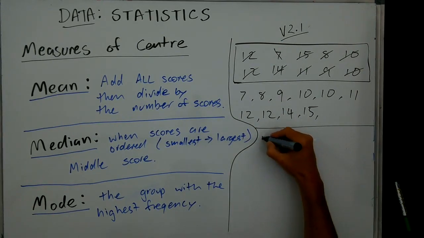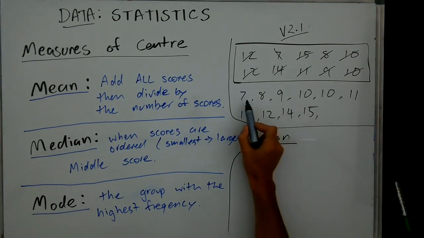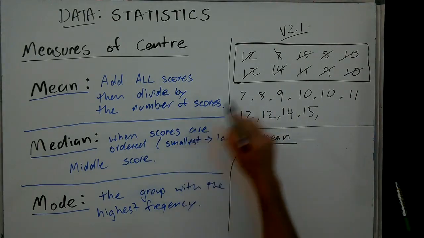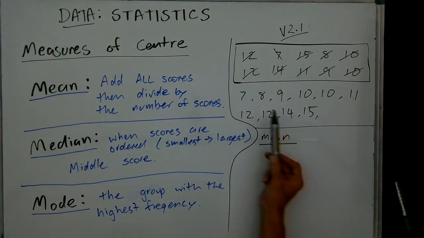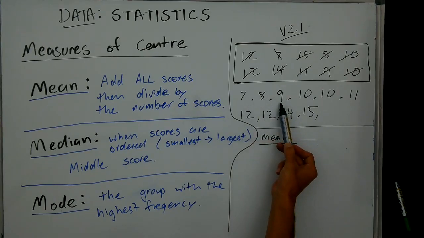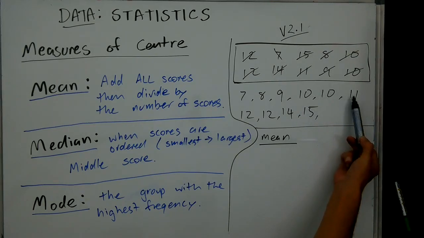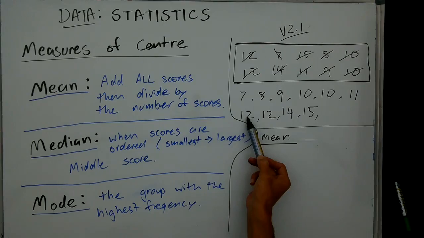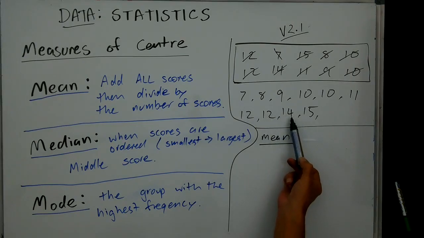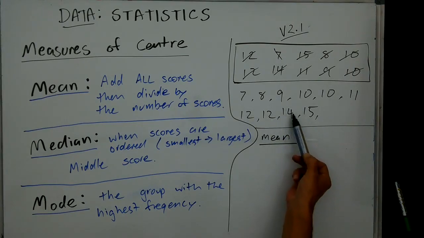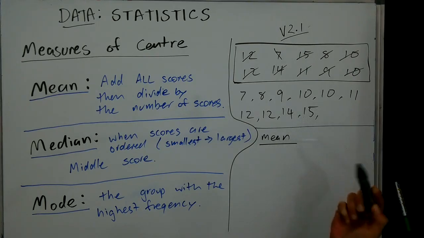Okay, so for the mean, we need to add all those numbers up, and we have 10 numbers. So whatever the total is, we'll divide it by 10. Let's try and do this in our heads. 7 and 8 is 15, and 9 is 24, 34, 44, 55, 67, 79, 79 and 4, 83, 93, 108.